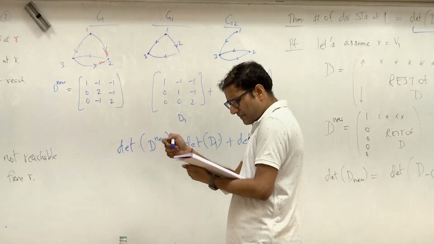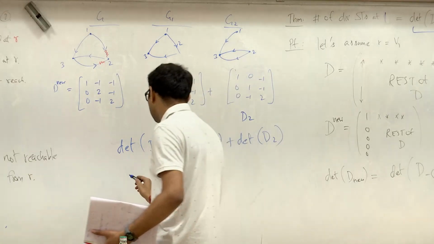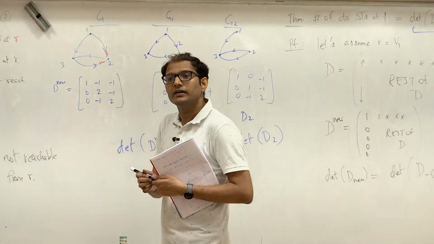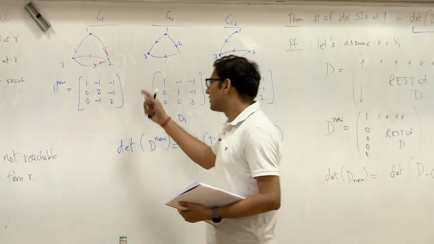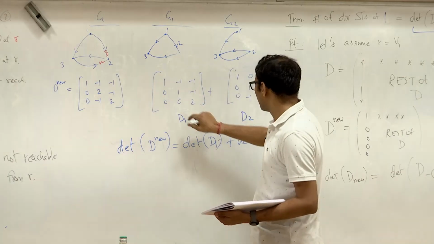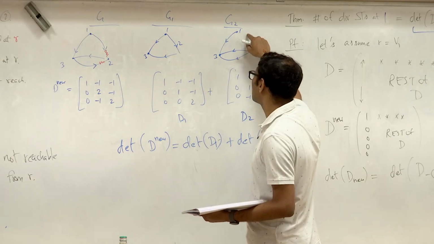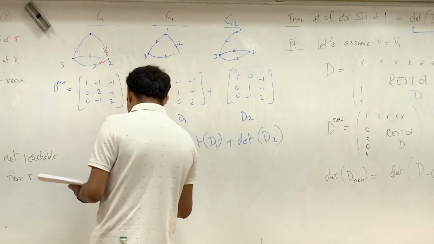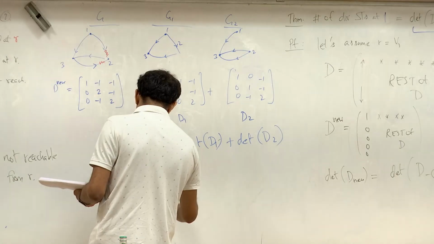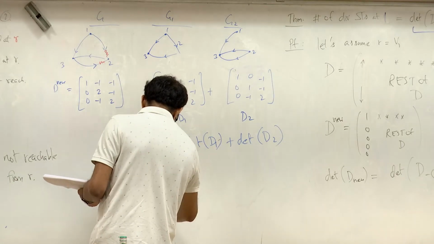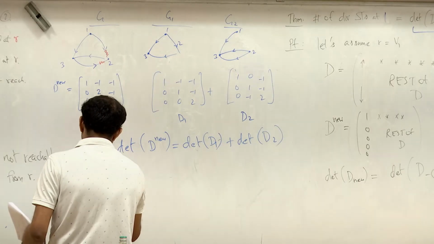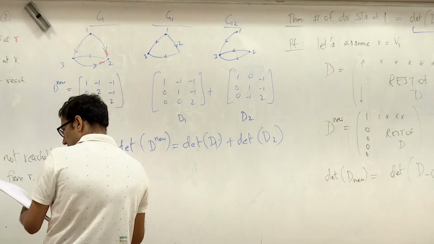Right. So maybe I will split off this graph. Sorry. Third column is the column that I'm going to look at to split D1 off, and third column is what I'm going to look at to split D2 off. So for example, I'll just quickly draw the graphs corresponding to G1, maybe without telling you.